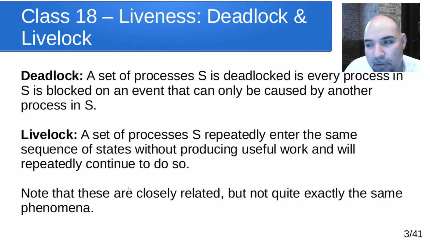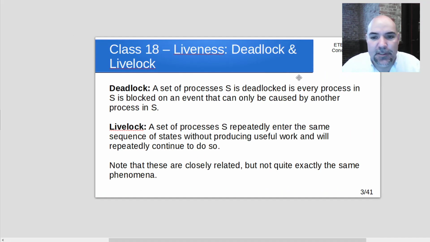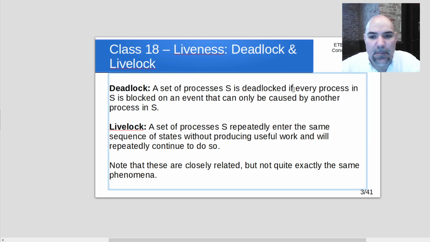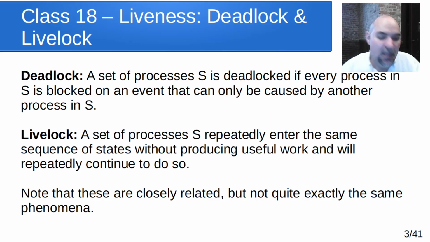There are two main categories of what would constitute a liveness violation. The first one is deadlock. In deadlock, essentially we have a set of processes, we'll call that set S, and it's considered to be deadlocked if every process in S is blocked on an event that can only be caused by another process in S. In other words, you have some set of processes.